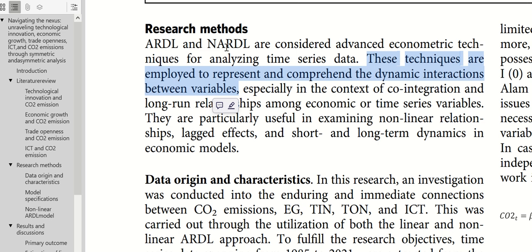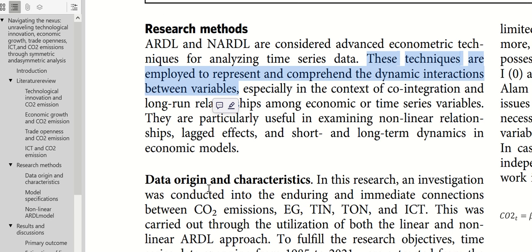ARDL and NARDL are used because variables change over time. Relationships are not static. The author wants to see how one variable reacts to another variable over time. This tells us it is a dynamic study, not a simple correlation between the variables.